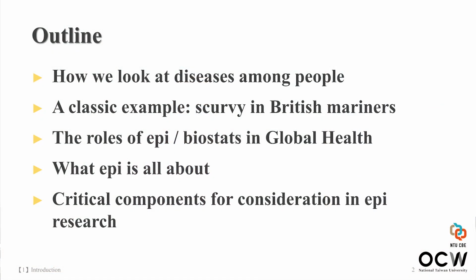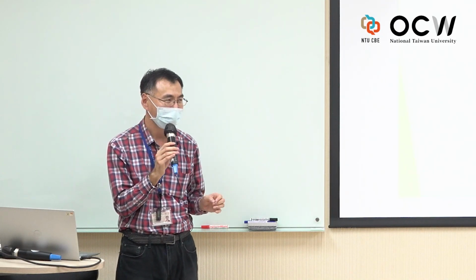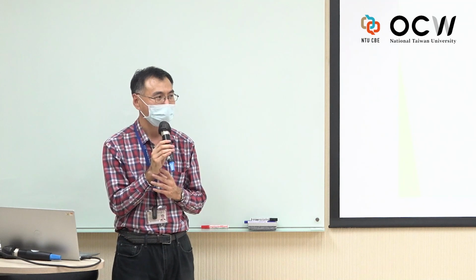Okay, outline. So first of all, I'm going to show you why it does matter for disease. What's the meaning of disease from an individual level to the population level? Okay, the meaning of disease could be different. Some disease could be very mild and very common, and some disease could be rare but serious, right?